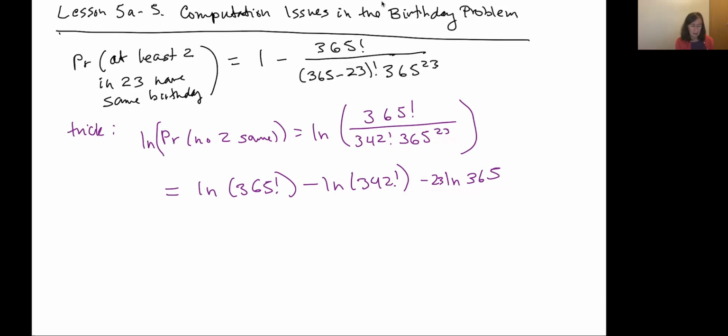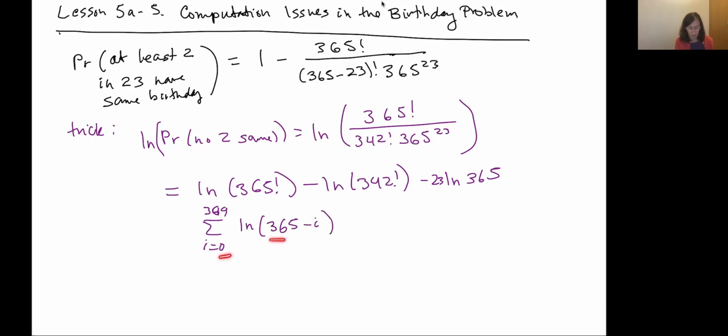Well, what is the log of this product? It's the log of 365 plus the log of 364 plus the log of 363, and so on. So I can write that as the sum as i goes from 0 to 364 of the log of 365 minus i. Okay, so that's this term.